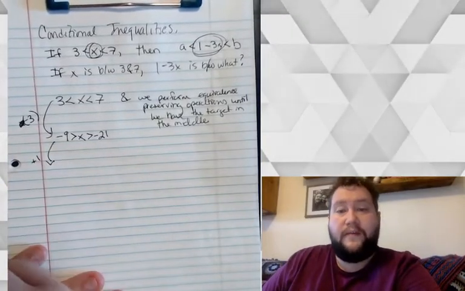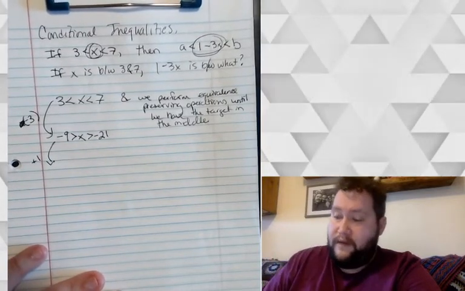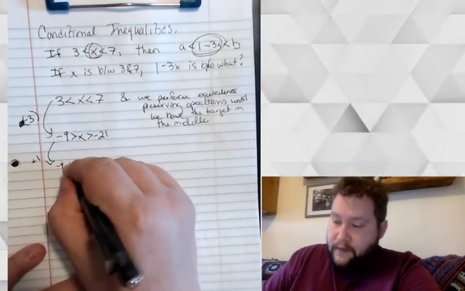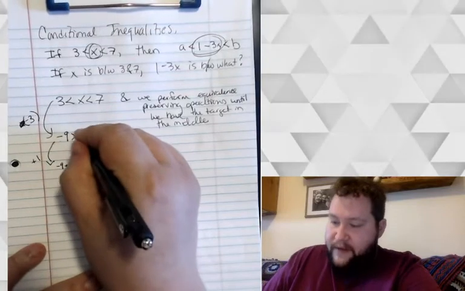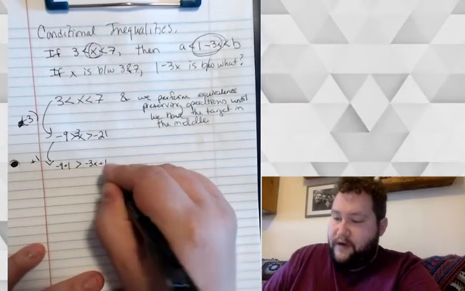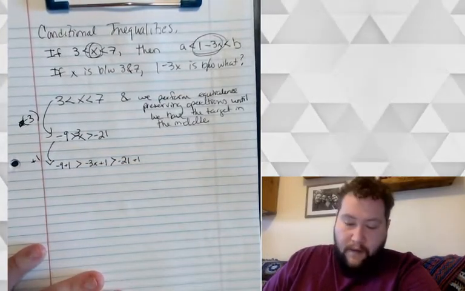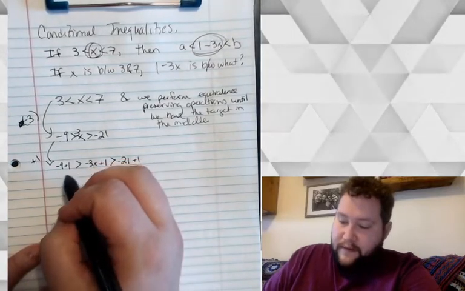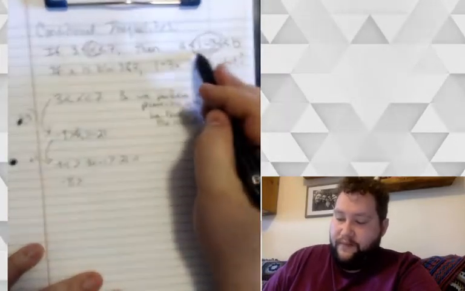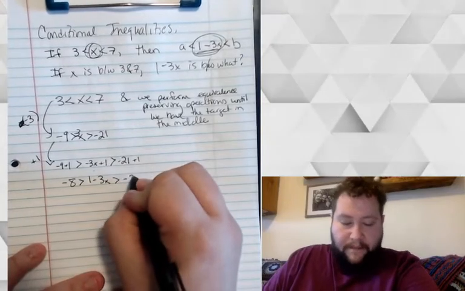Just like an equivalence operation, I'd have to do it to both sides; here I do it to all three parts. So I have negative 9 plus 1. Oh, I lost my negative 3x there. Negative 9 plus 1 is greater than negative 3x plus 1, which is greater than negative 21 plus 1. So negative 9 plus 1 is negative 8, is greater than, and I'll rearrange it so it looks like our target, 1 minus 3x is greater than negative 20.